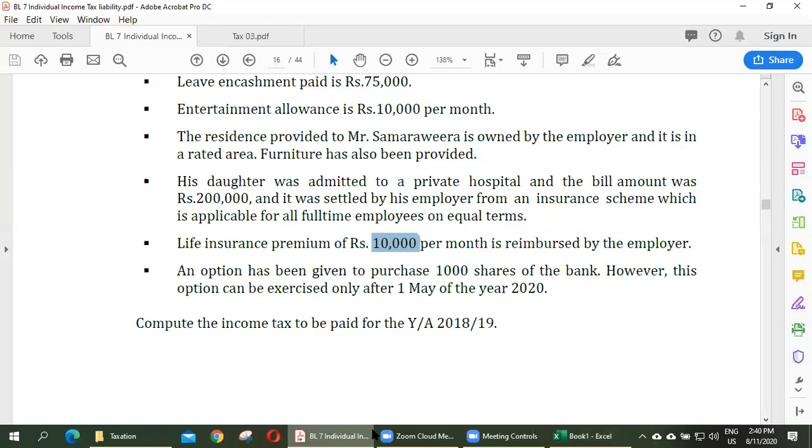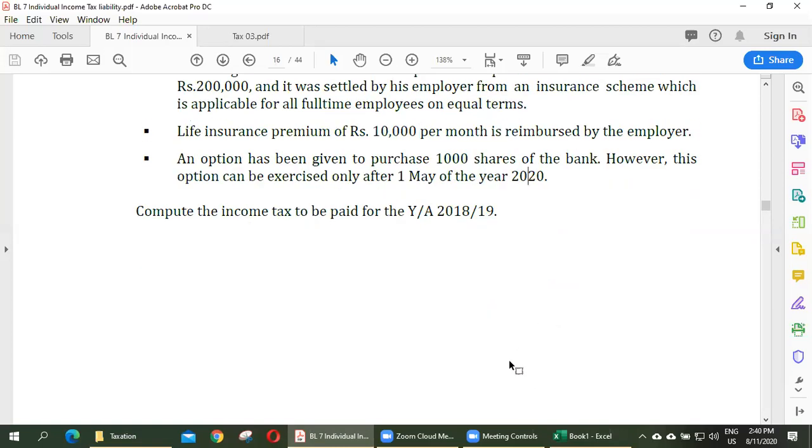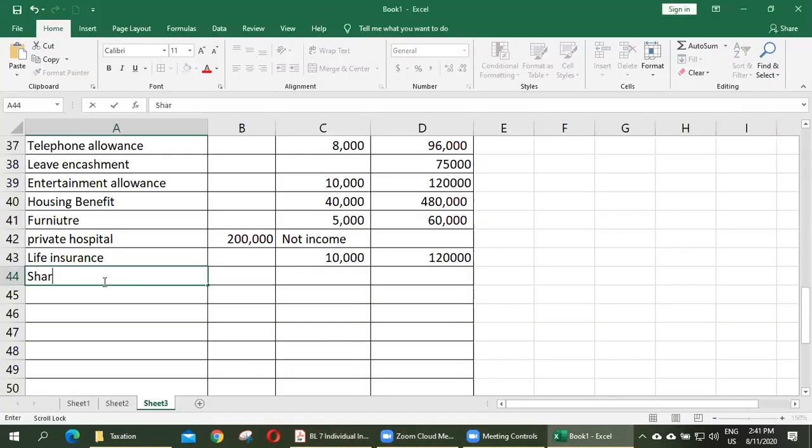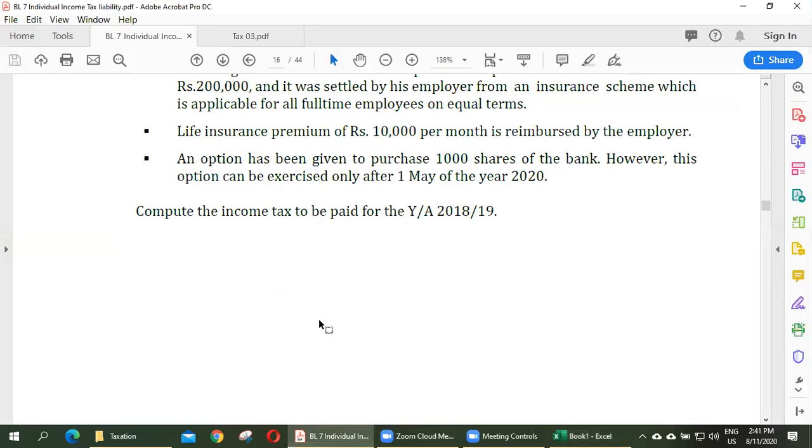And an option has been given to purchase 1,000 shares of the bank. However, this option can be exercised only after 1st of May. It means it is not yet realized. Therefore, we can't take it into consideration this year, right? Share option, not realized. Then that's all.